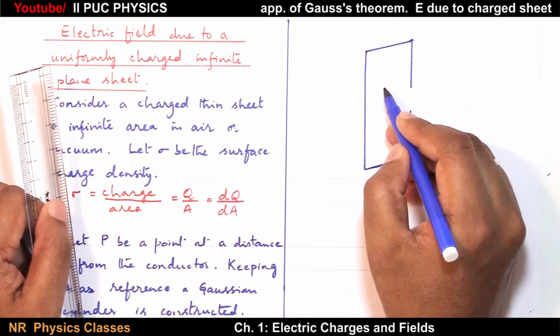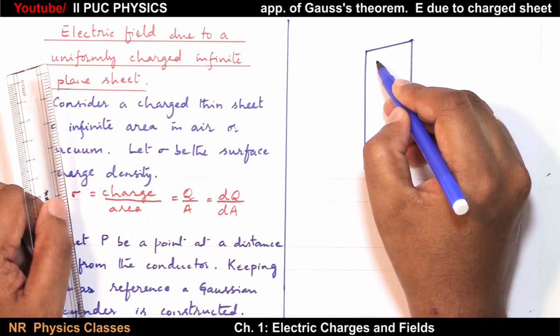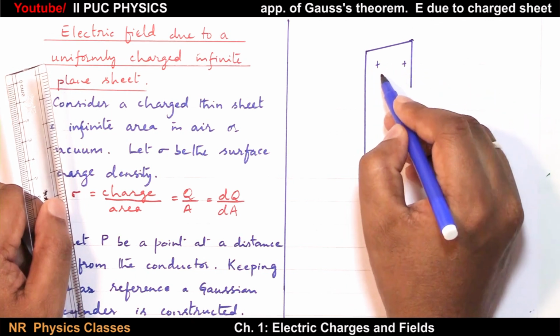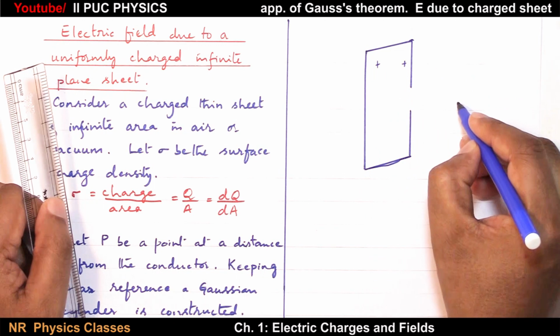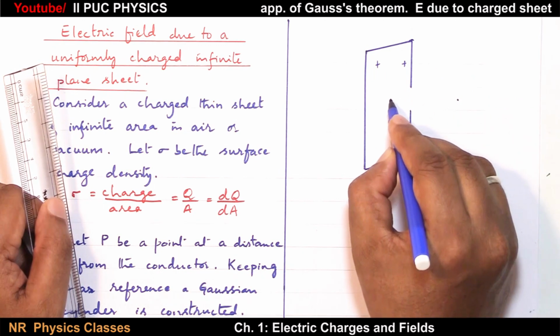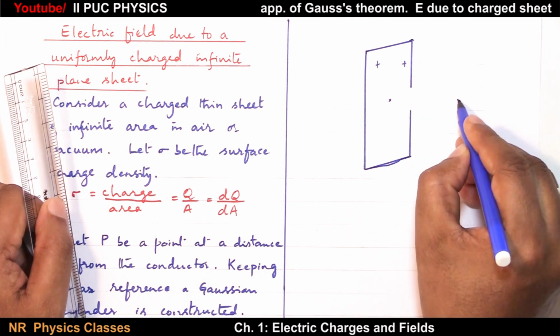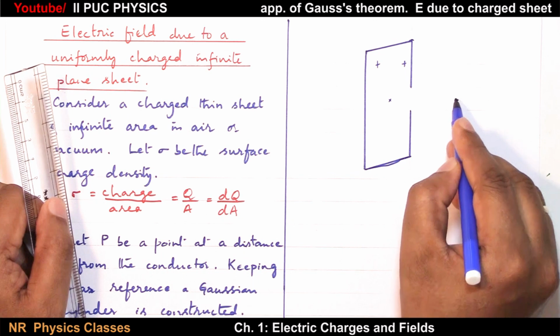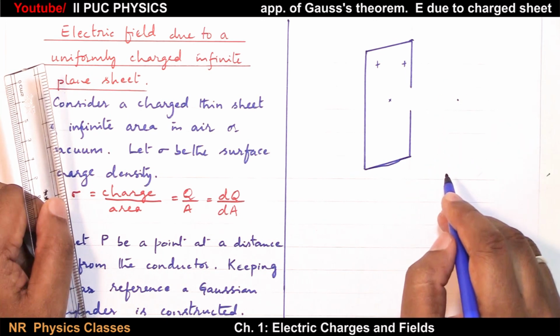Let this be a sheet of charge, positively charged. Let us draw this later. If this is point P at a distance r from the conductor, then keeping this distance as a reference, let us construct a Gaussian cylinder.